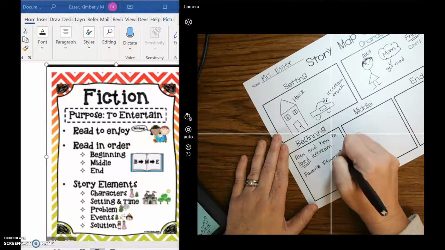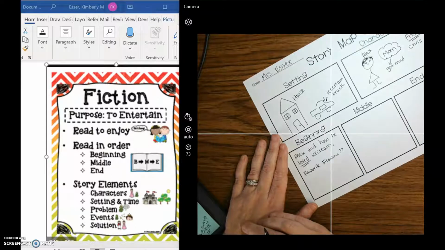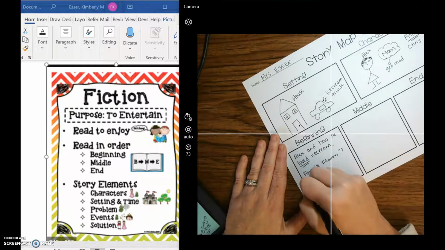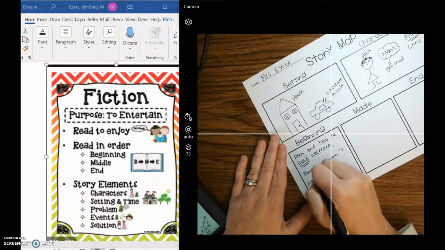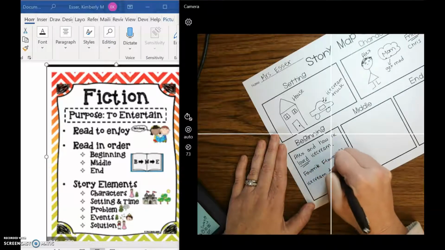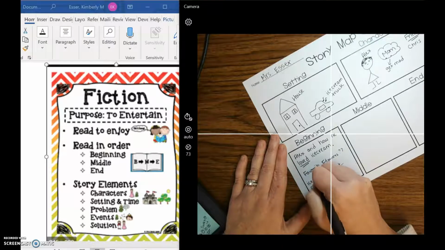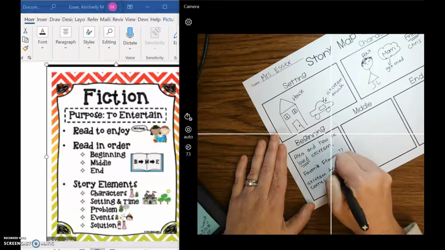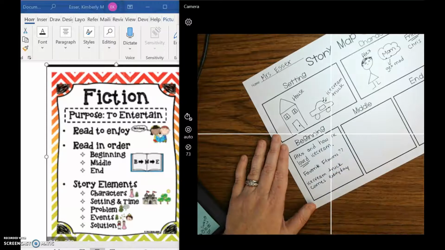Okay, what are his favorite flavors? Chocolate, strawberry, okay, whatever you think he likes. And I probably will mention that the ice cream truck comes every day, okay, to his neighborhood.